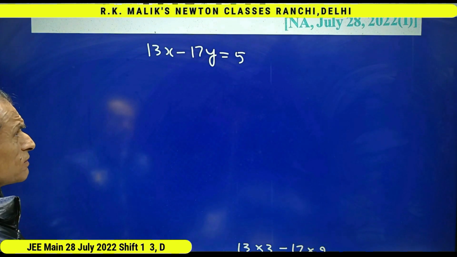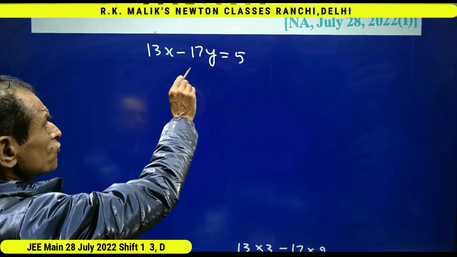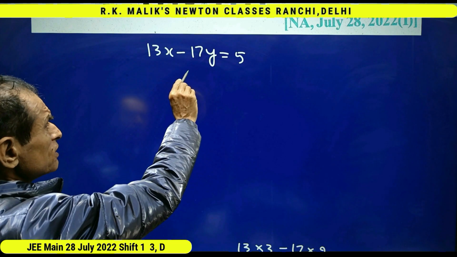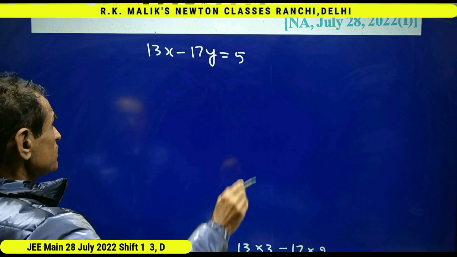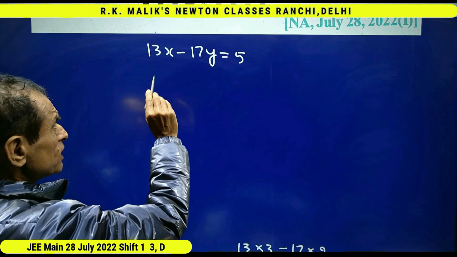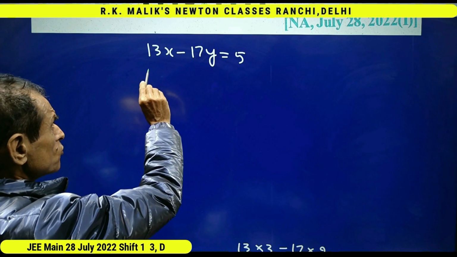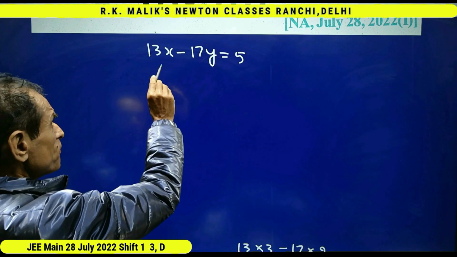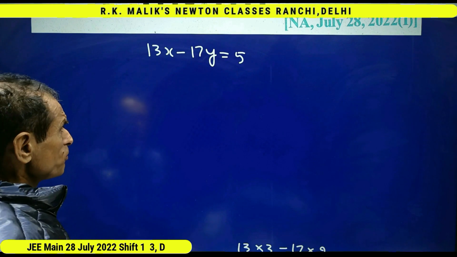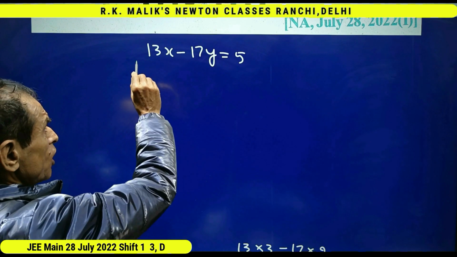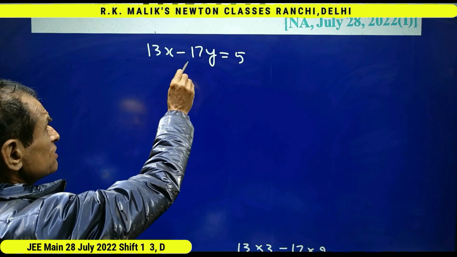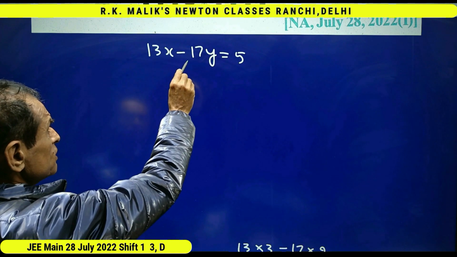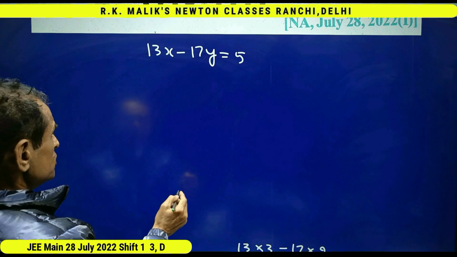The standard way is, out of these two, whichever is bigger, take that number on the right hand side. Note that I'm just considering the number, sign is not important. Out of 13 and 17, because 17 is bigger, take 17y on this side.